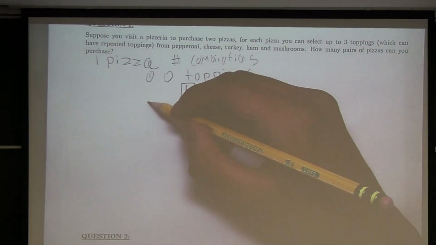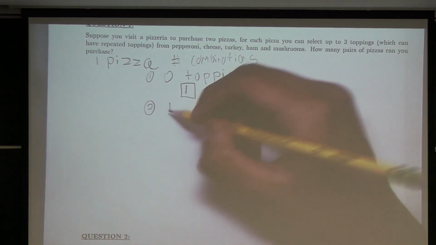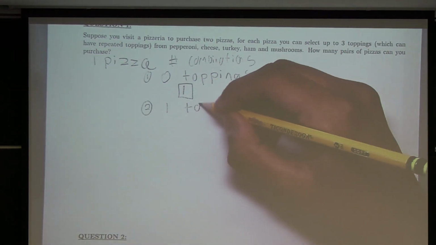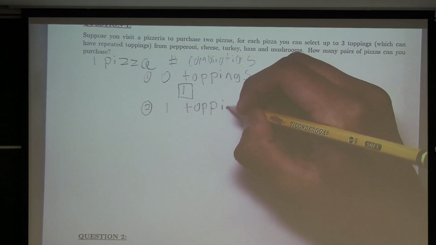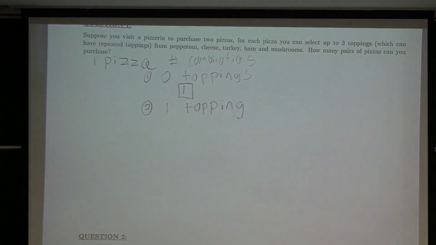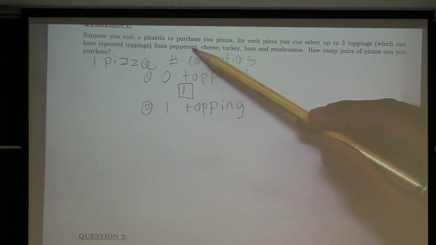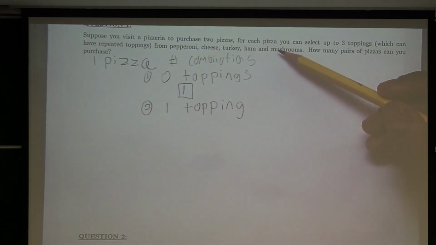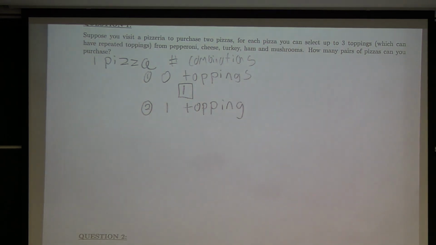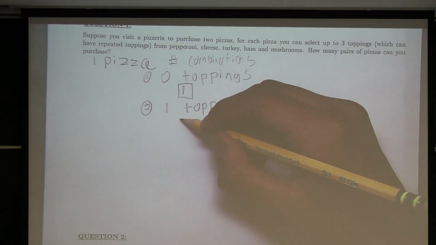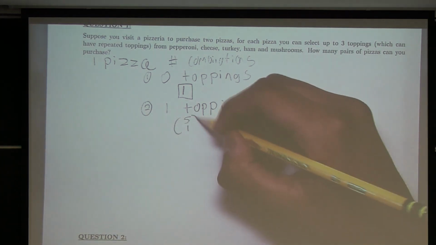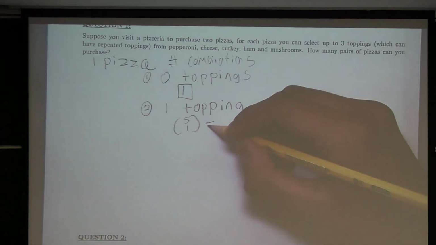Now let's move on to one topping. So we just want one topping on our pizza, and we can select from 5 toppings. In this case, since we only have 5 toppings and we just need to choose one, we will have a total of 5 choose 1 possibilities, or just 5.